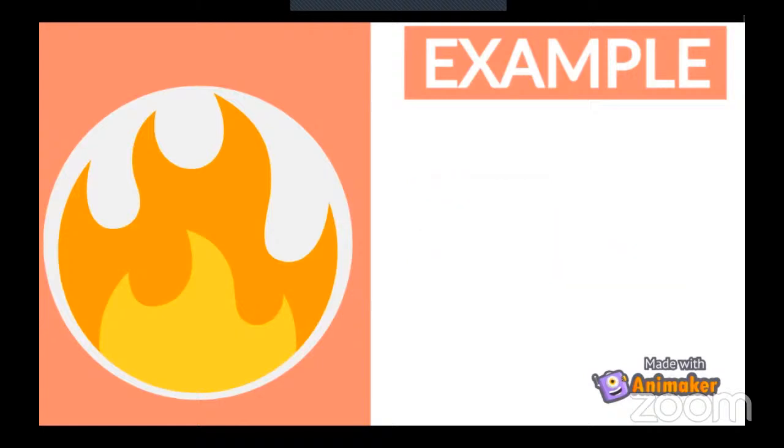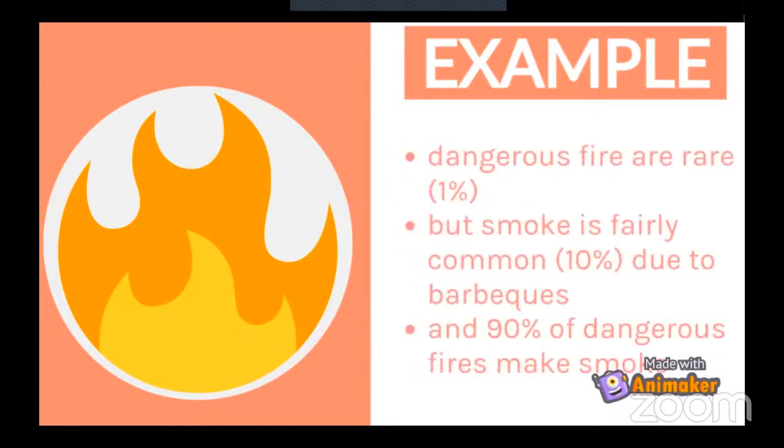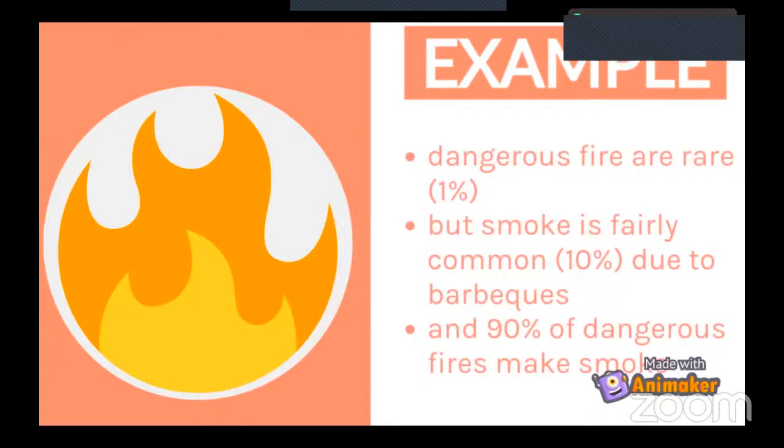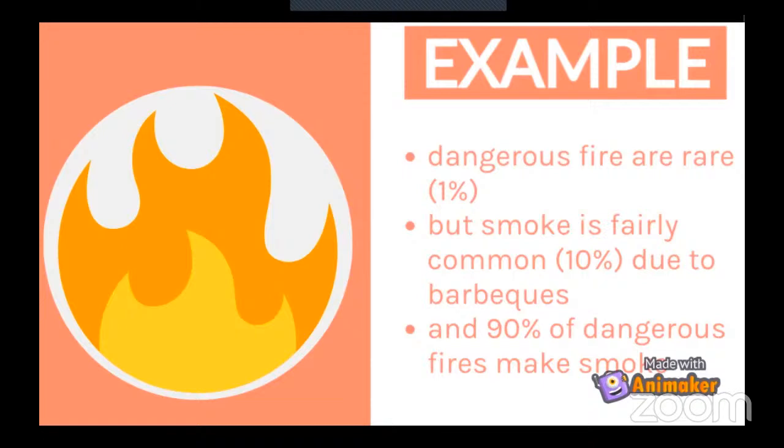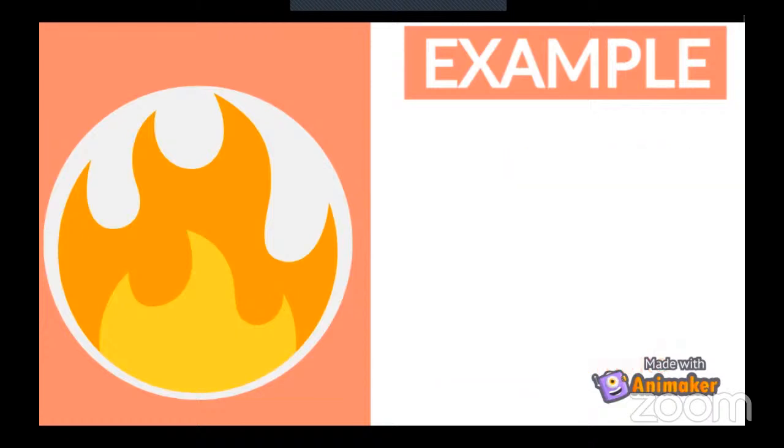Dangerous fires are rare, 1%, but smoke is fairly common, 10%, due to barbecues, and 90% of dangerous fires make smoke. So we can then discover the probability of a dangerous fire when there is smoke.